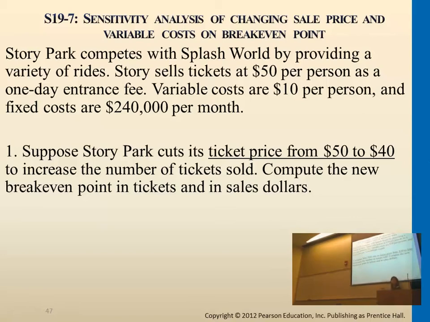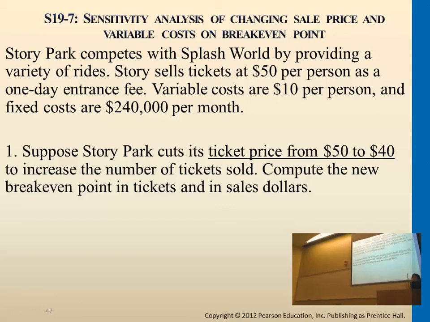Since it's going from 50 to 40, you have to do 40 minus 10, which equals 30. And then after that, you take the fixed cost, which is 240,000, and divide it by 30, and you should get 8,000. And that is the break-even.